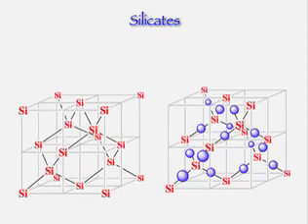So we have silicon at the vertices of this cube, silicon on all of the faces, and silicon in half of the tetrahedral holes.